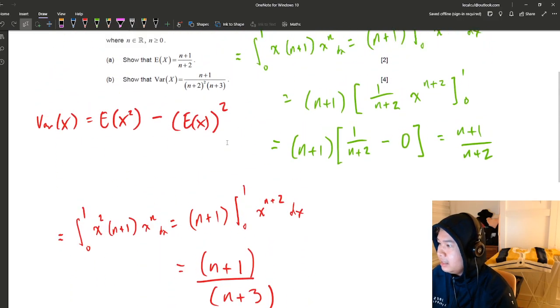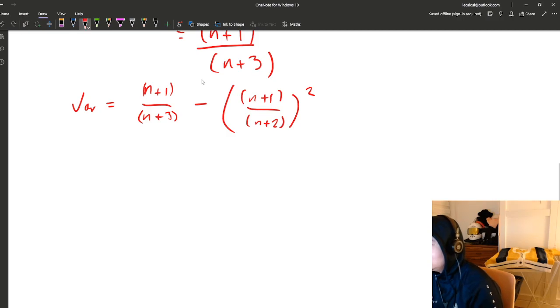Okay, and then if we keep simplifying it, it'll look like this. This needs a common denominator so that these can add together. So the first term I'm going to multiply by n plus 2 squared, and this one I'm going to multiply by n plus 3.